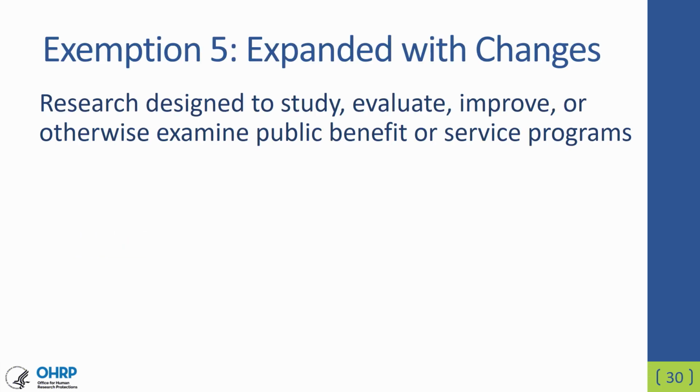The last exemption that we're going to discuss today is Exemption 5. Exemption 5 has been expanded to cover more research than it does under the Pre-2018 Common Rule. Exemption 5 applies to research that is designed to study, evaluate, improve, or otherwise examine public benefit or public service programs.